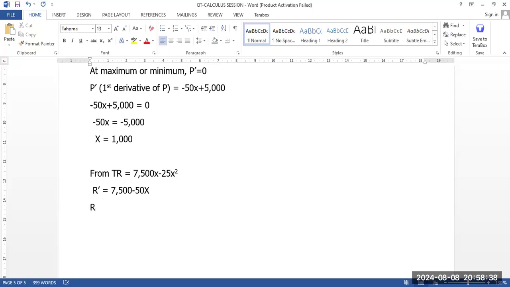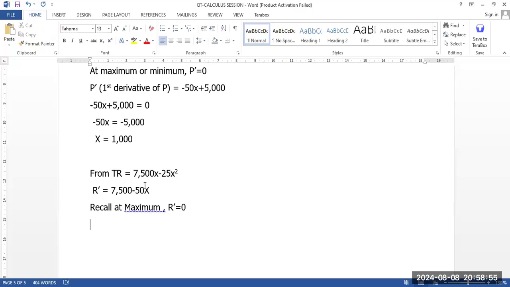And recall at maximum, your first derivative is equal to 0.